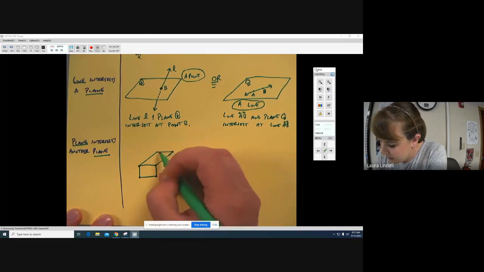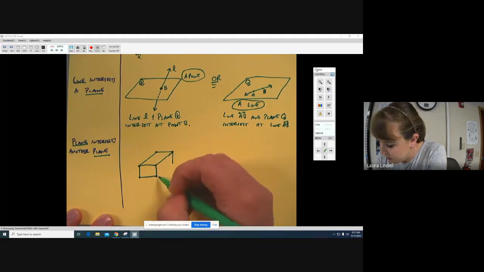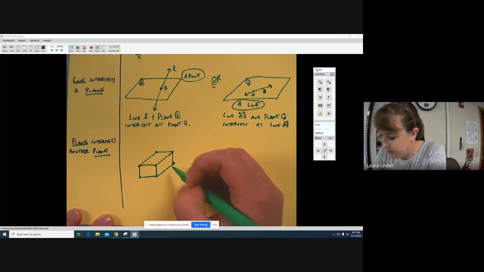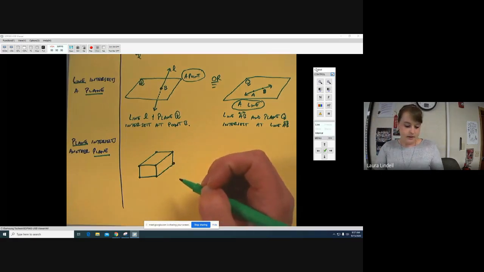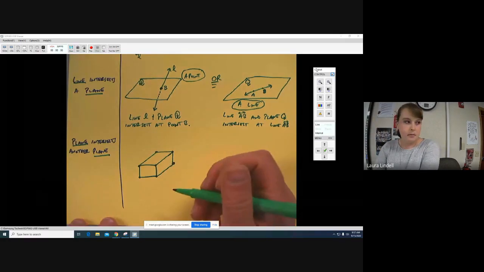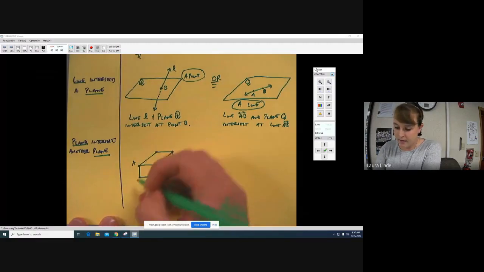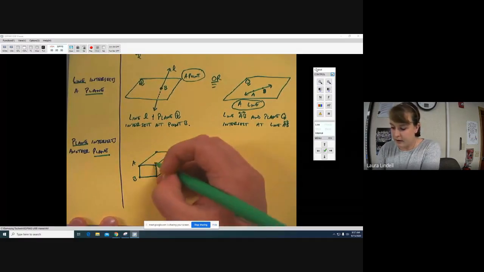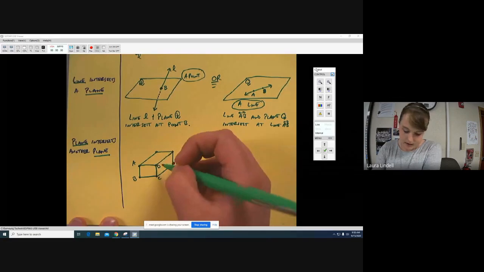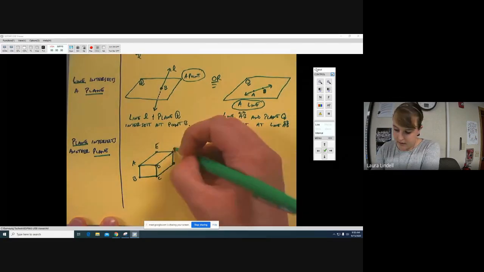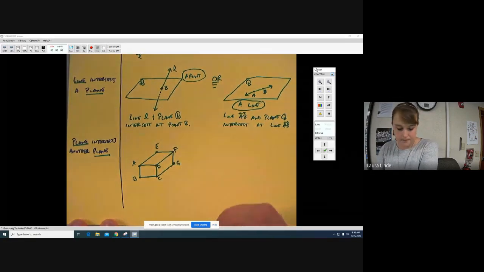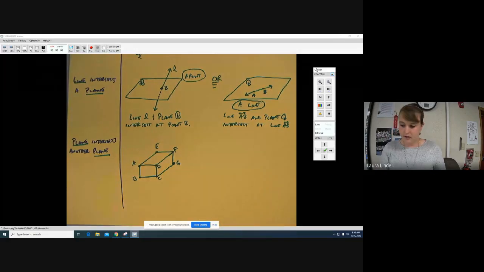Because the book really likes to use three-dimensional shapes to talk about planes and intersections of planes. So I'm going to label my corners A, B, C, D, and then E, F, G.